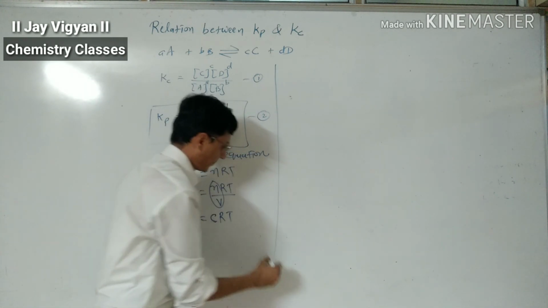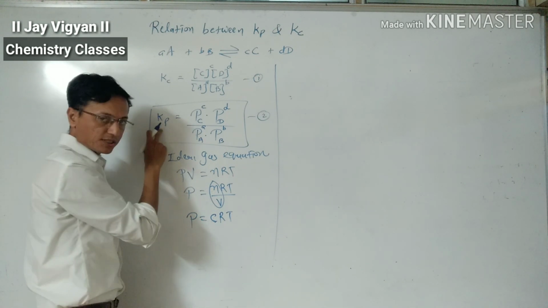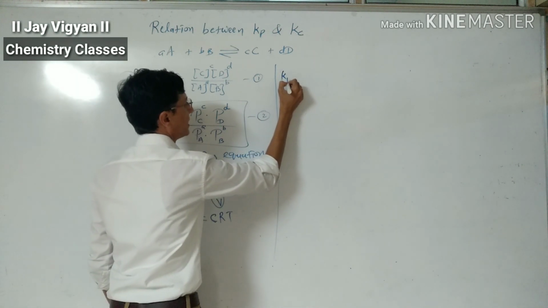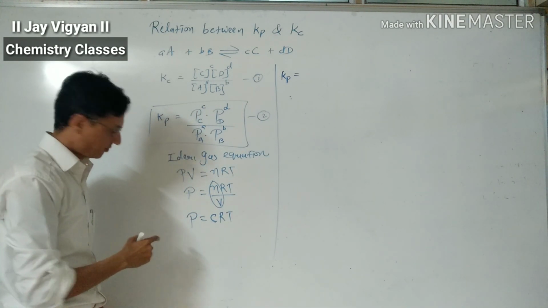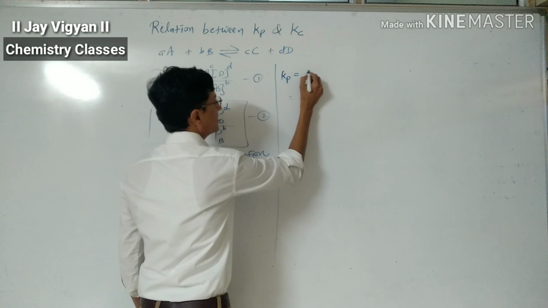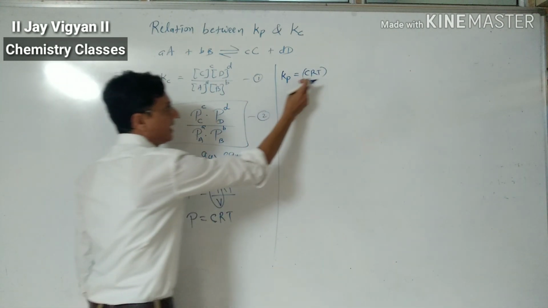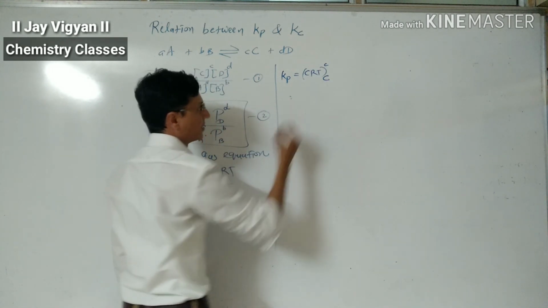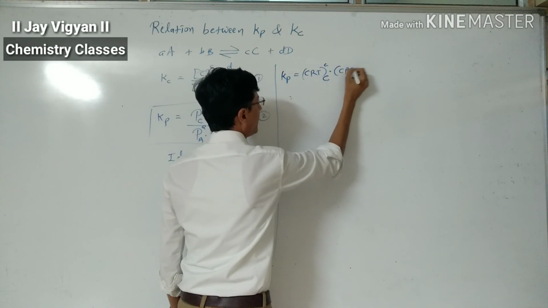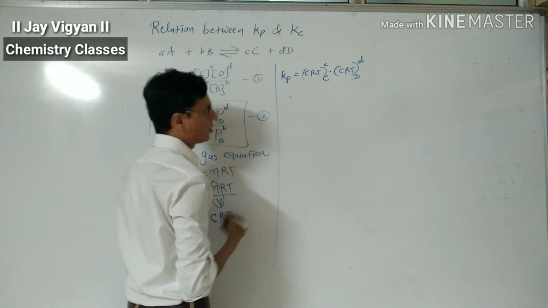So we can write this equation of Kp as Kp is equal to, instead of this P, we are going to write CRT. CRT for product C raised to the power c, multiplied by CRT of product D raised to d.